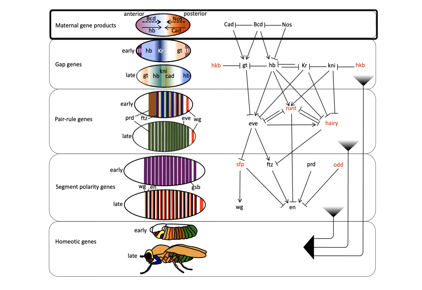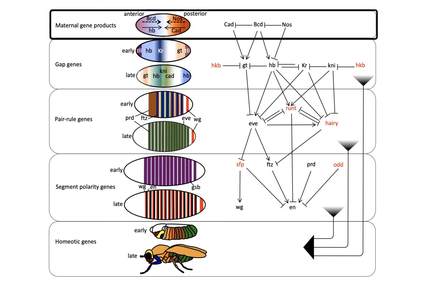You can see the concentration of BCD and HB are higher in the anterior portion, and NOS and CAD are higher in the posterior end of the egg, so that there's already a difference from one end of the egg cell to the other as far as what's going to take place in the cells that eventually are in each one of those areas as the cell divides.